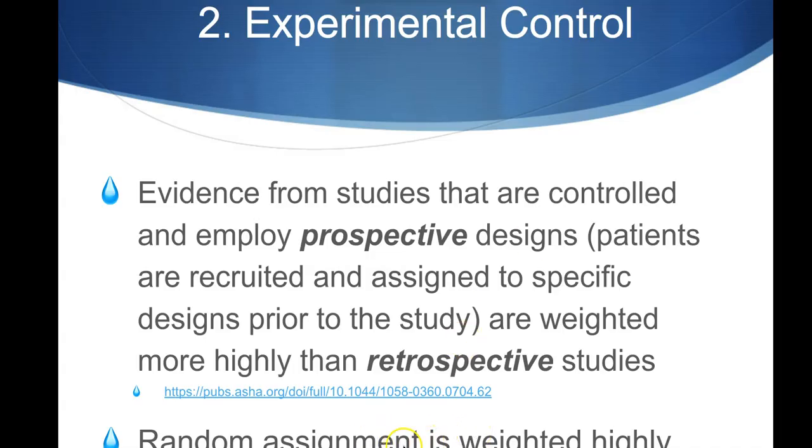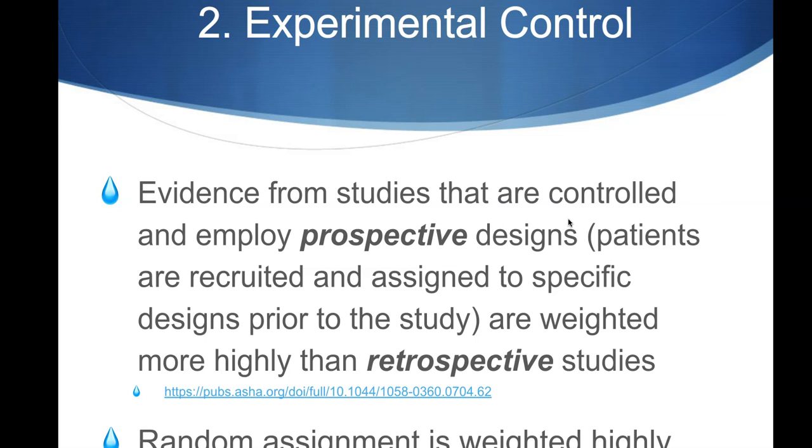And then also, random assignment is going to be weighted highly. Those studies where participants were randomly assigned into groups, and not placed in groups either by the researcher or by the clients themselves, are going to be the most valued, because it reduces the bias of who got put into what groups.